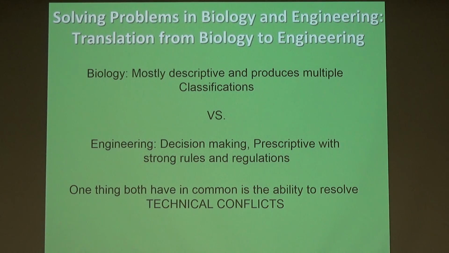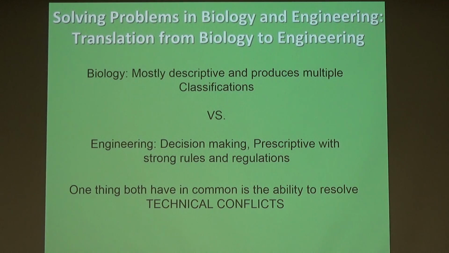In engineering design, there's a lot of decision making. It tends to be very prescriptive, and strong rules and regulations are developed immediately. So when you're doing engineering, that's the process you go through. In biology, it's a little bit looser.